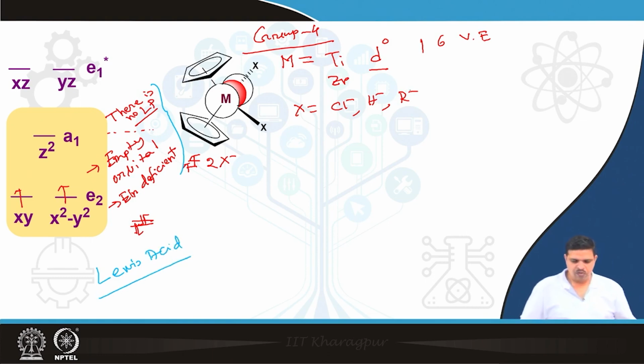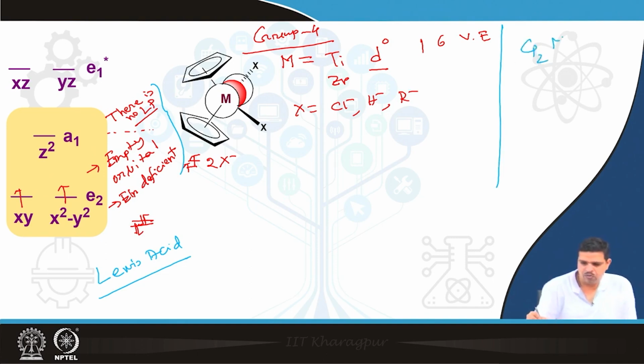Okay, now we saw that if it is molybdenum Cp2MoCl2, initially it was d4 electrons. Now you will have two lone pairs. Okay, so one lone pair, two electrons in the non-bonding orbitals, and here will become a Lewis acid.